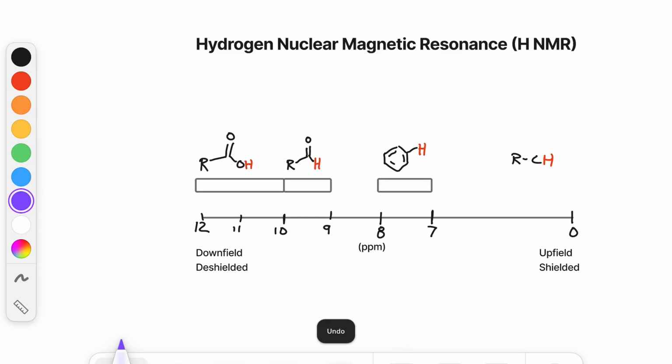I put these molecules specifically on here because we actually need to memorize these three on the left. On the leftmost part, the most downfield, we have carboxylic acid, which ranges from 10 to 12. Next to it, we have the hydrogen attached to an aldehyde, which goes from 9 to 10. And we also need to memorize aromatic hydrogens, or hydrogens attached to a benzene, which goes from 7 to 8.